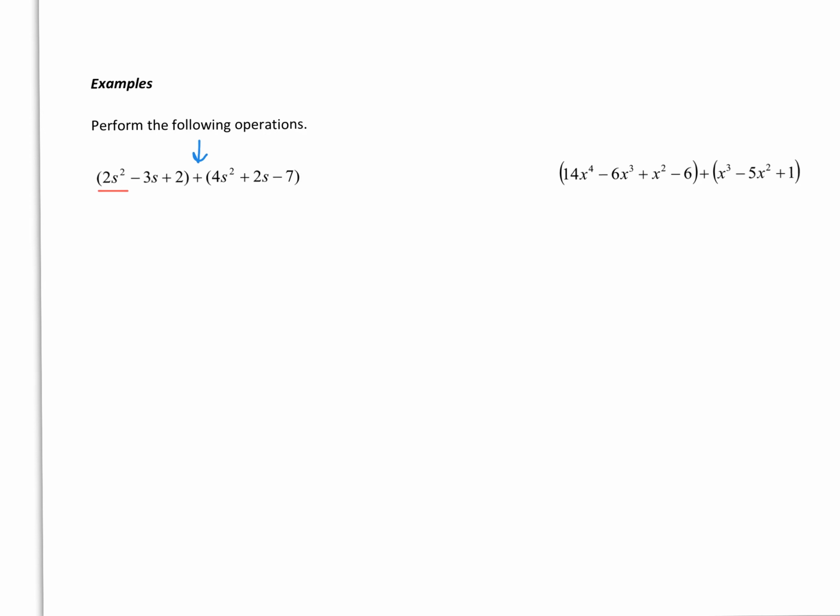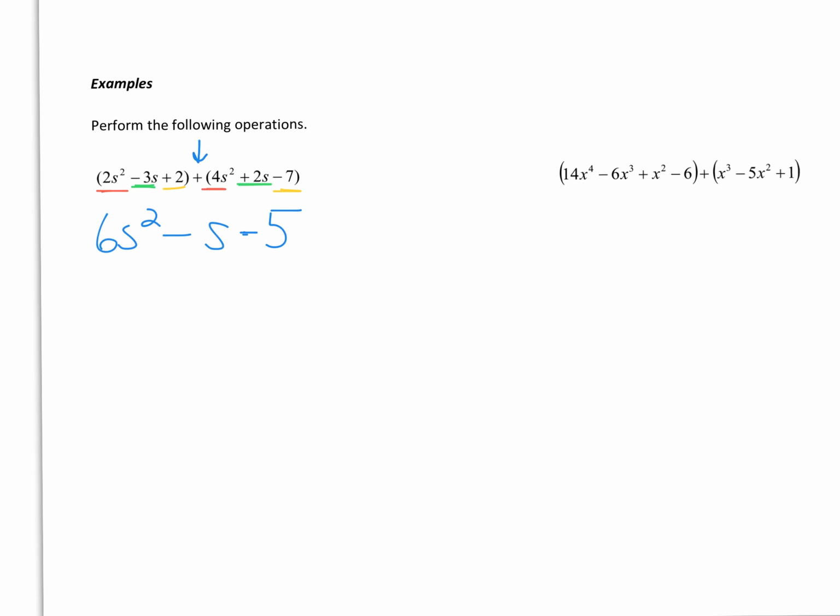So the s squared terms get added or combined together. 2s squareds plus 4s squareds give me 6 of them, so 6s squared. I have negative 3s and positive 2s, so that's negative 1s, or just negative s. And then I have 2 plus negative 7, negative 5.